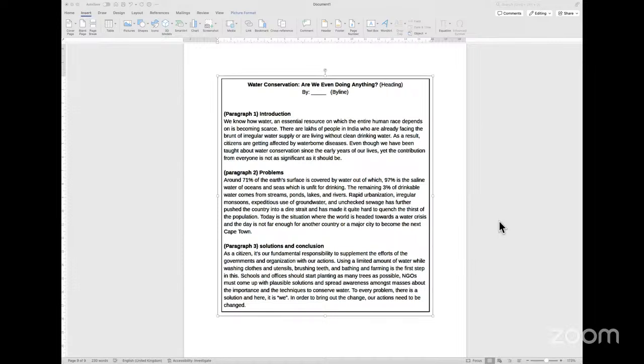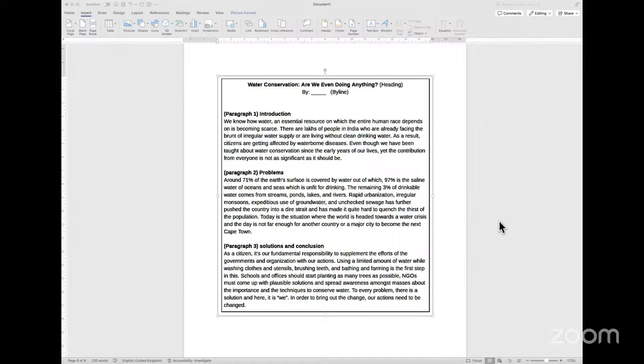Here, the starting could be in the form of an introduction, and the end could be in the form of a conclusion or summary. Basically, the idea here is the writer is trying to make you aware of the subject area or the topic that the person is writing about, and there will be a lot of information given in detail, and this detail would normally be divided into three areas.